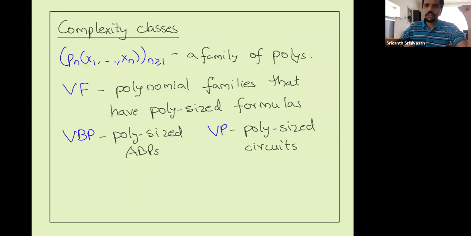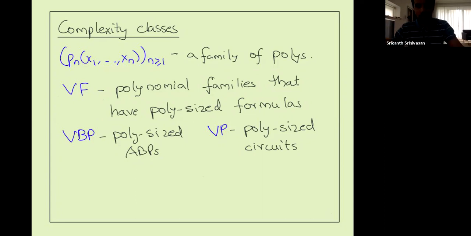Okay, so these are kind of the main objects of study in algebraic complexity theory. We have these computational problems defined by polynomials, and we have interesting complexity classes which are defined by, in our case, 3 different models of computation. And our aim is to figure out when a certain interesting computational problem or a naturally occurring computational problem lies or doesn't lie in one of these complexity classes.